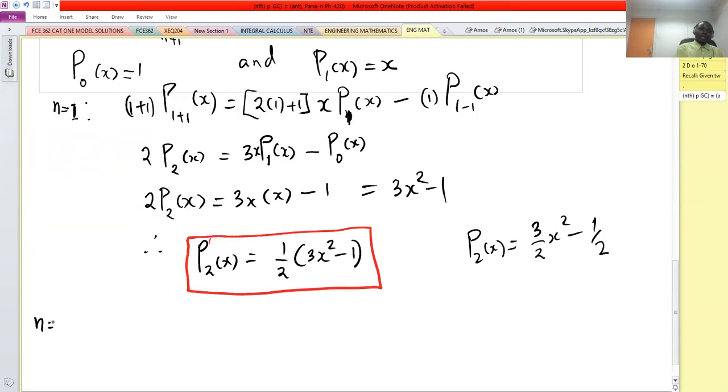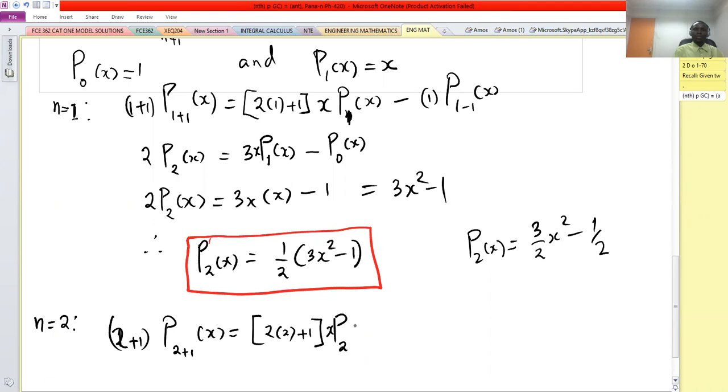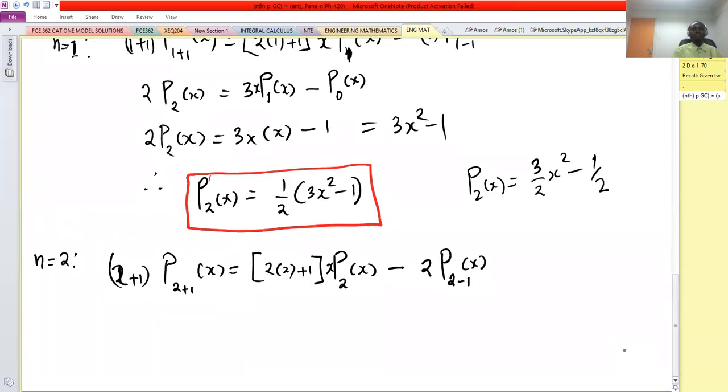So let's set n to be 2. So we'll have 2 plus 1, P sub 2 plus 1 of x equals 2 times 2 plus 1 times x P2 of x minus 2 P sub 2 minus 1 of x, just replacing n equals 2 in the formula.